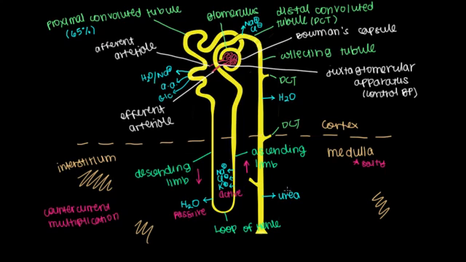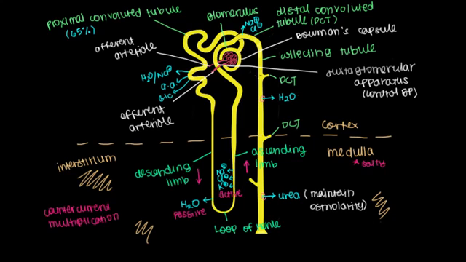This goes into a process that's called urea recycling, if you've heard of that term before, but we're not going to go into detail right now. Instead, we'll just mention here that urea is reabsorbed to maintain the osmolarity in our medulla that will help drive water reabsorption in the loop of Henle.